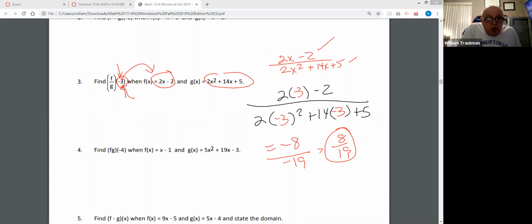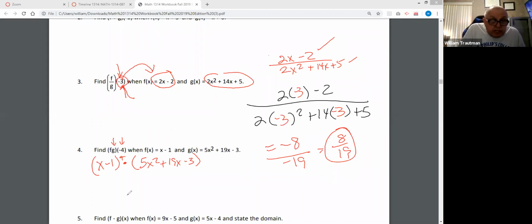Four is the same way, except here we're going to take f. F is x minus 1, and we're going to multiply it times g. And g is 5x squared plus 19x minus 3. Everywhere you see an x, we're going to plug a negative 4 into it.